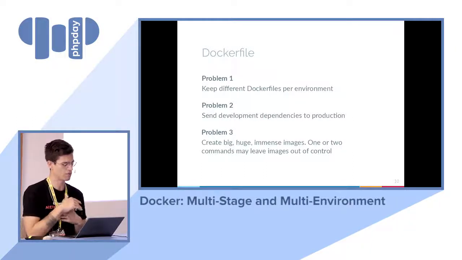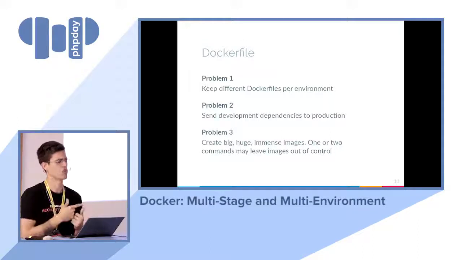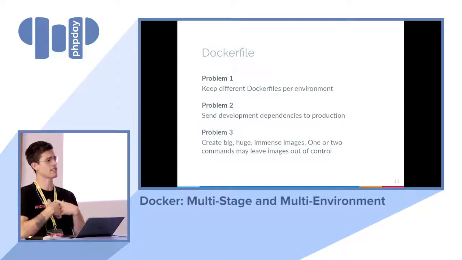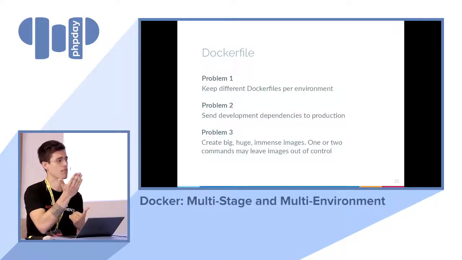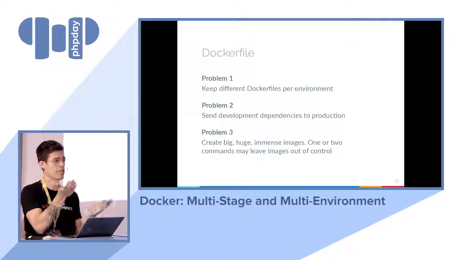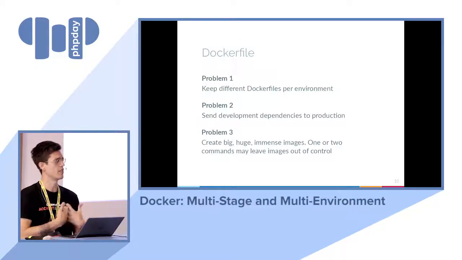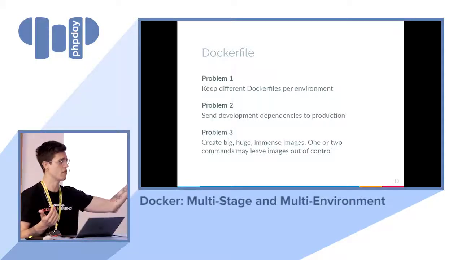The second problem: sending development dependencies to production. If I keep this in one Dockerfile, I will have to send it to production, and I don't want to. The same with the Composer libraries. I want to run tests locally and in my CI environment.